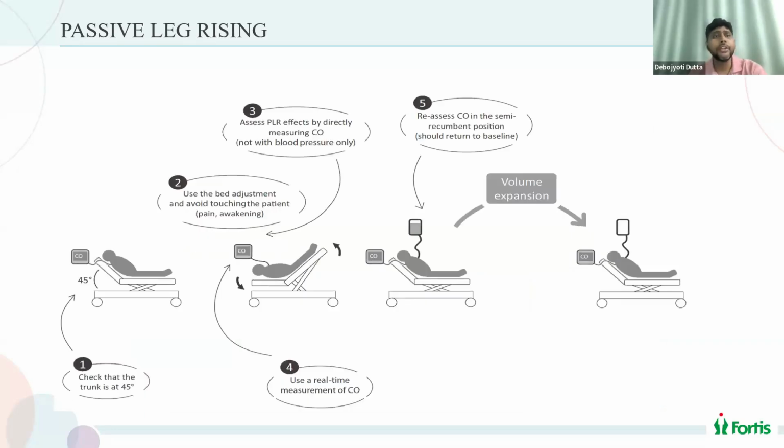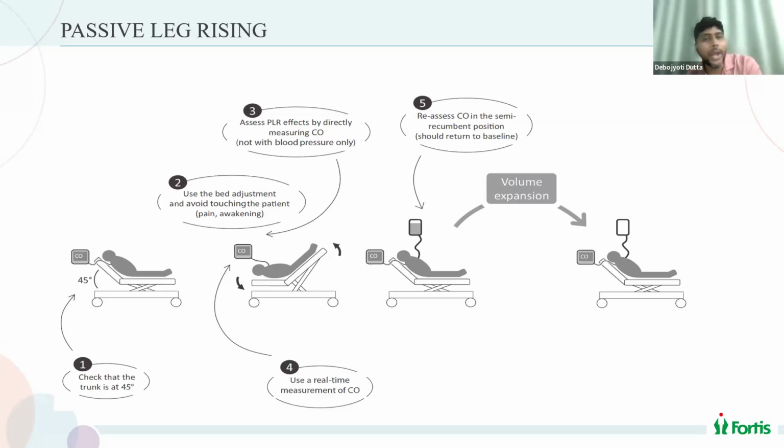This is a diagram showing how to do the PLR. The patient should be in a 45-degree propped up position, and check the cardiac output at that position. It's the baseline cardiac output. Then make the patient horizontal, with legs raised, and measure the cardiac output after 1 minute in this position. Then again reverse the patient to the original 45-degree propped up position, and again measure the cardiac output after a minute.